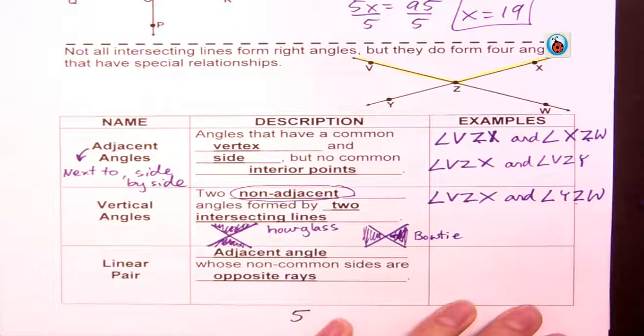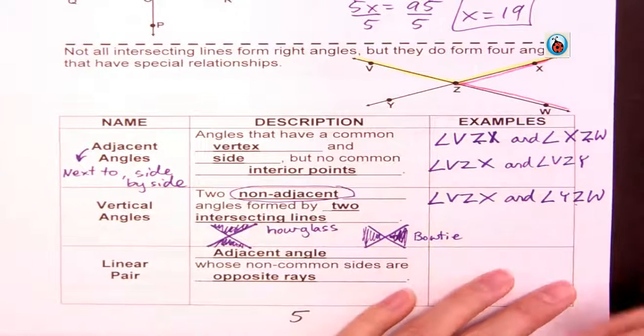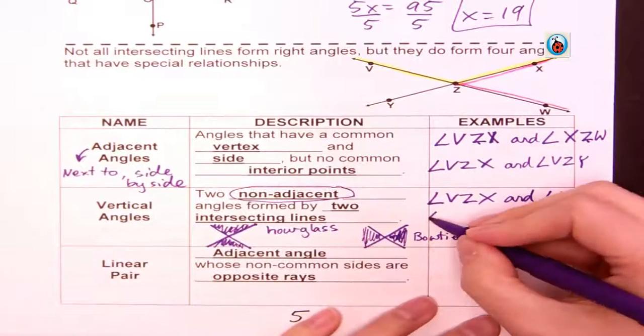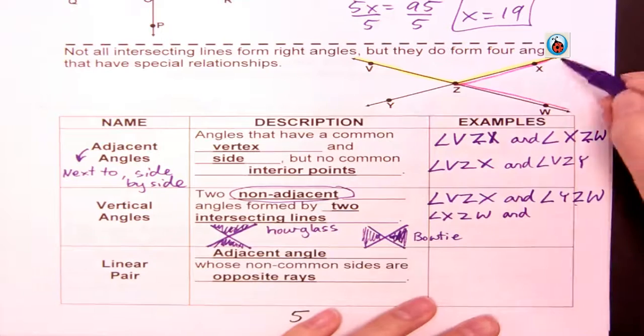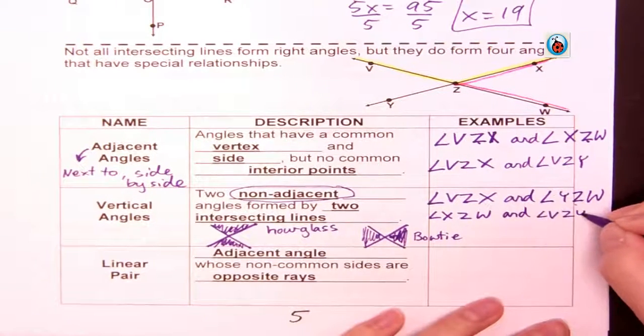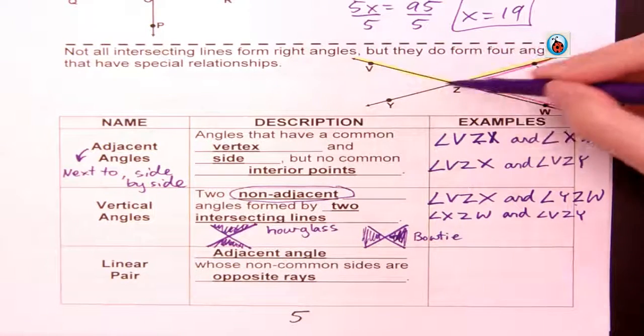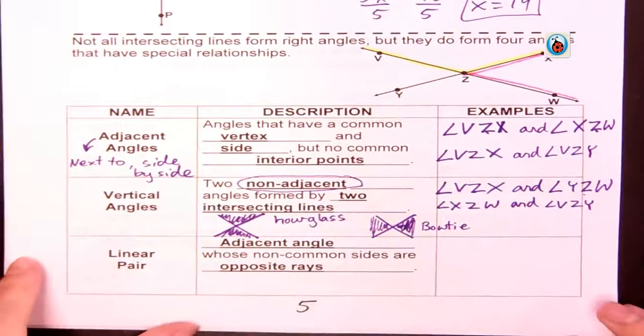Z will be the same, my other letters will be different. If I took one of the side angles, if I took XZW, then I find my vertical angle would be VZY. Just straight across from it. So vertical angles share the same vertex, nothing else is the same.